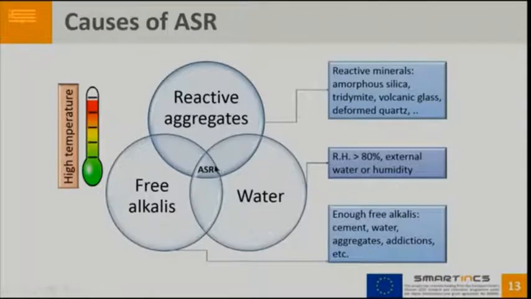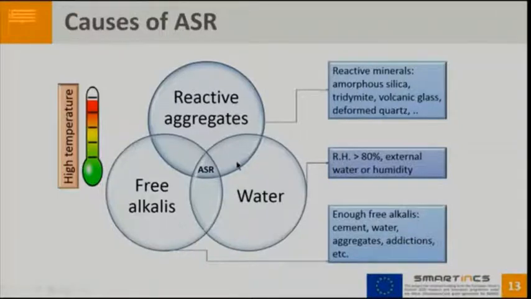To produce alkali silica reaction, we need reactive aggregates, free alkalis, which means available alkalis for the reaction, and water. If we remove one of these three factors, we can stop the reaction.